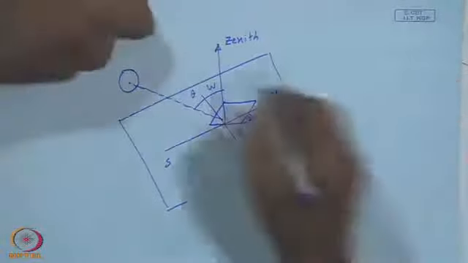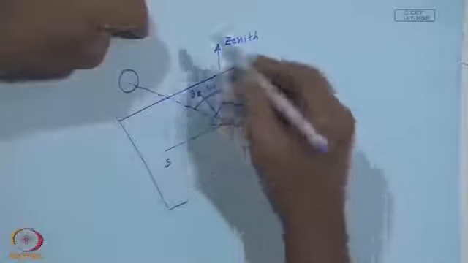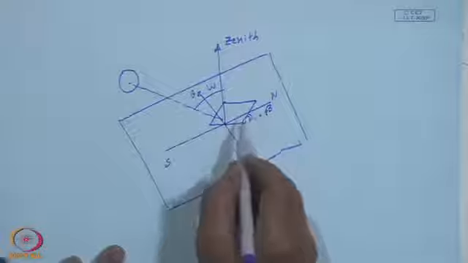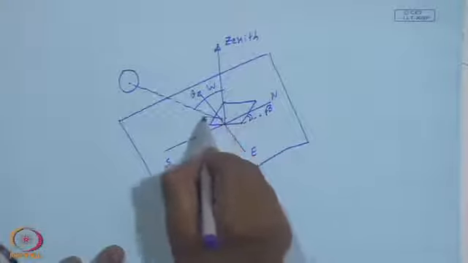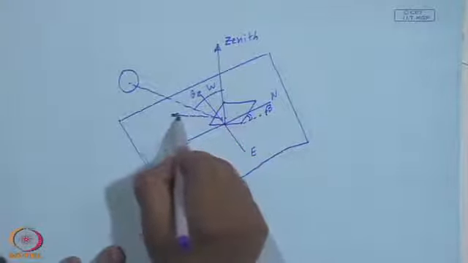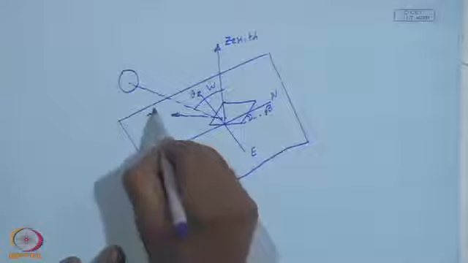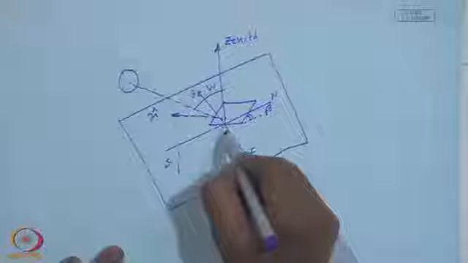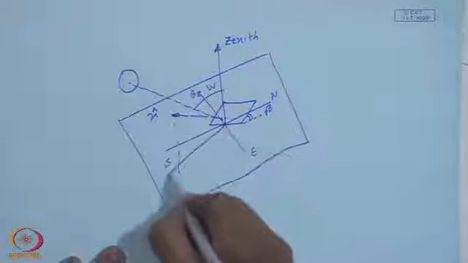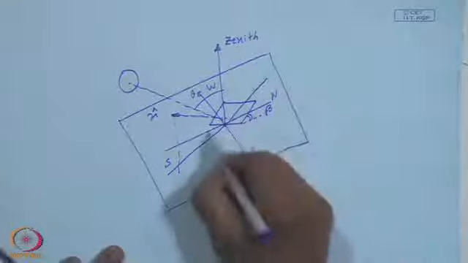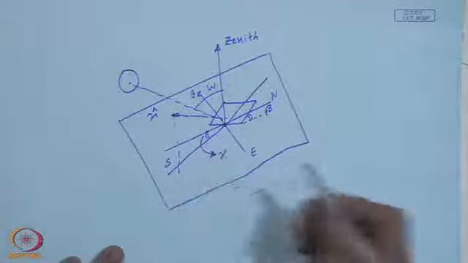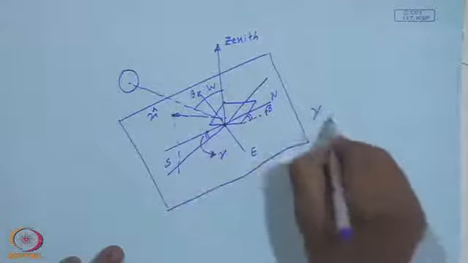Oh, sorry, this is theta z with respect to the zenith, and I take this outer normal to the surface and make a projection of that. This is the so called gamma or the azimuthal angle.